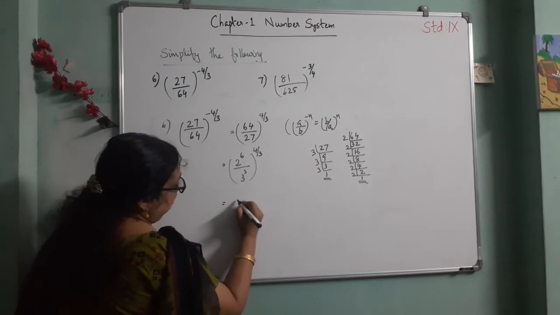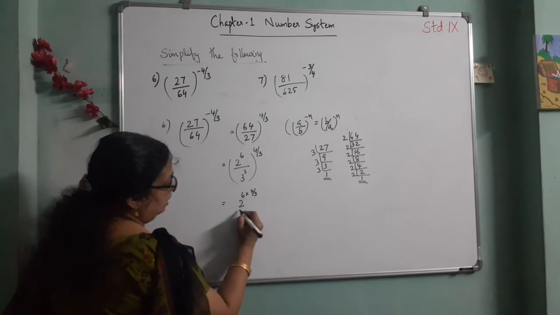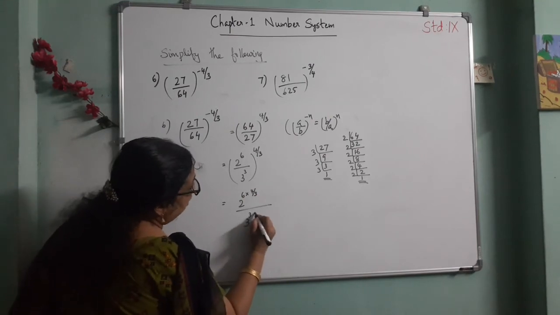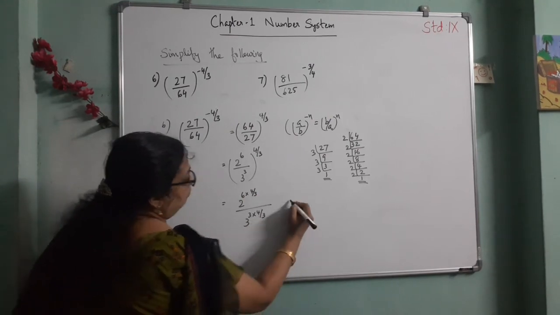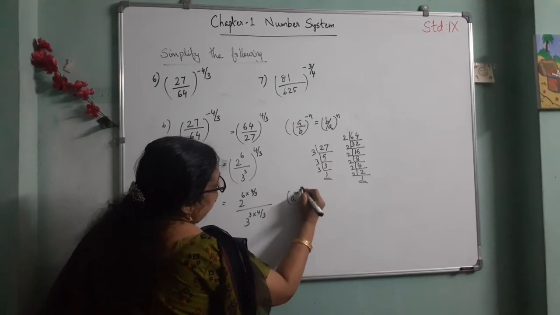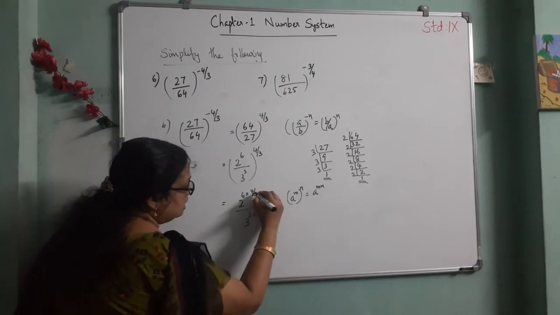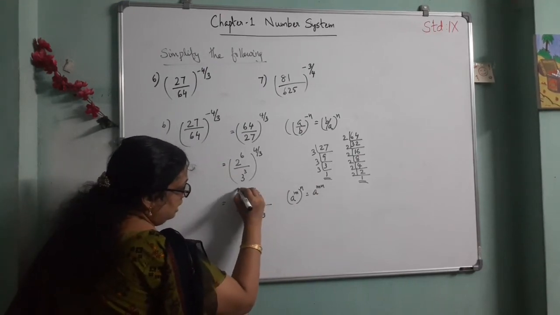So next we can write 2 raised to 6 into 4 by 3 in the exponent, then 3 cube into 4 by 3. That is (a raised to m) the whole raised to n is equal to a raised to m into n. So this 3 cancels, 6 cancels, 2 into 4.